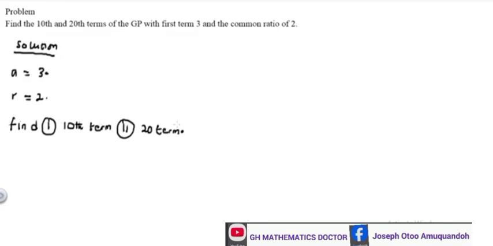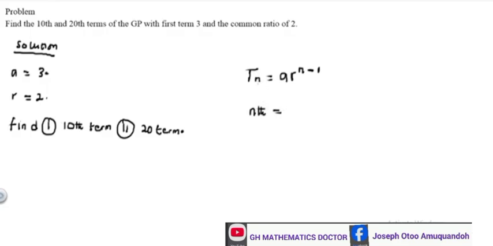So let's first find the 10th term by using the formula. Let's use Tn representing the formula, that is a r exponent n minus 1. Tn is standing for U of n, so it's the same thing. The number of the term is the nth, that is the 10th term.